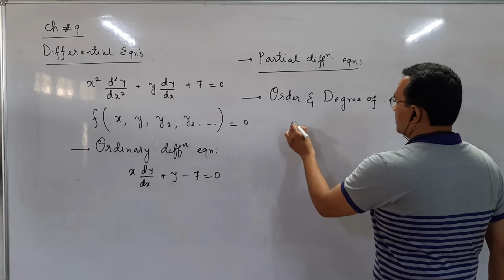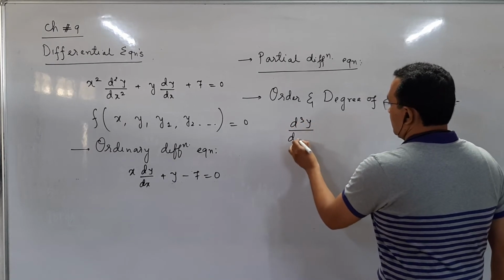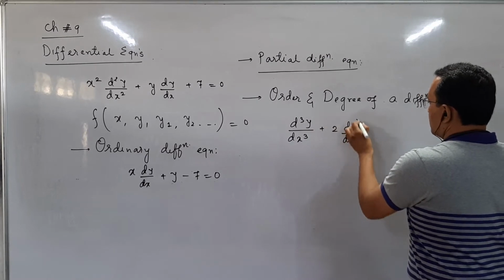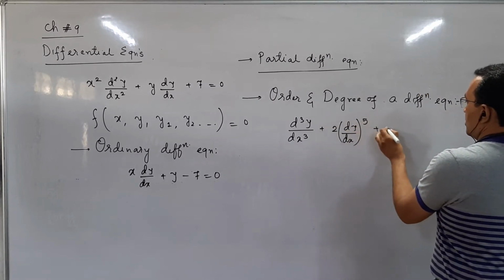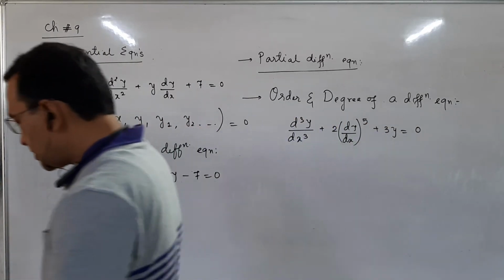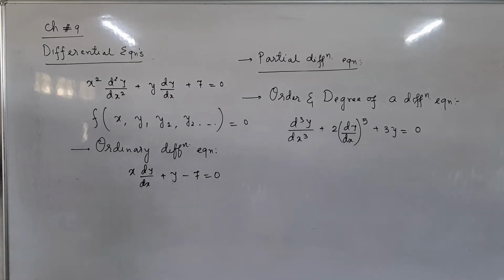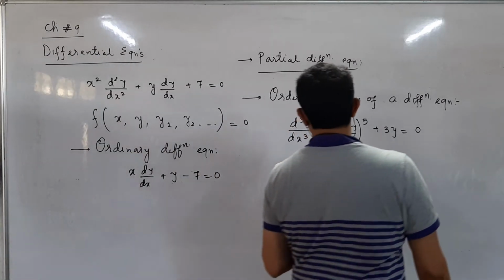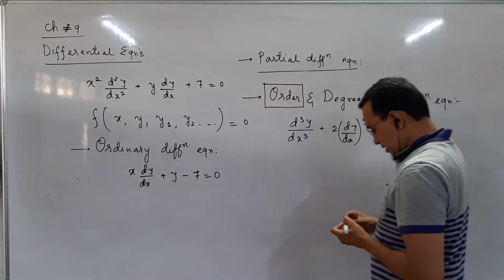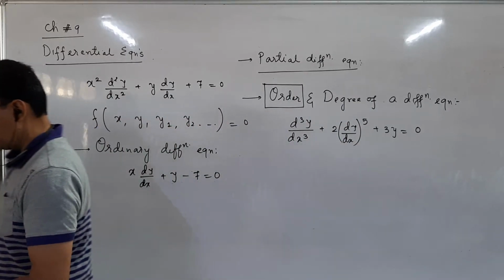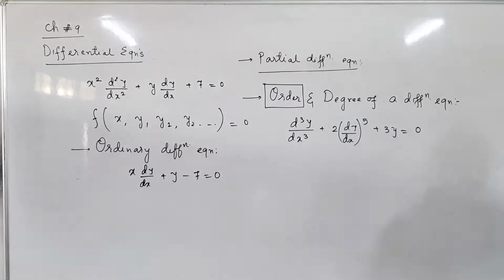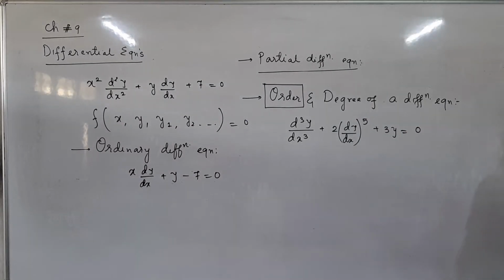Say suppose I write this: d3y by dx cube plus twice (dy by dx) raised to 5 plus 3y is equal to 0. Say this is the differential equation. Now, first of all, students, we will focus on what is order of a differential equation. First of all, students, I am focusing on order of a differential equation.